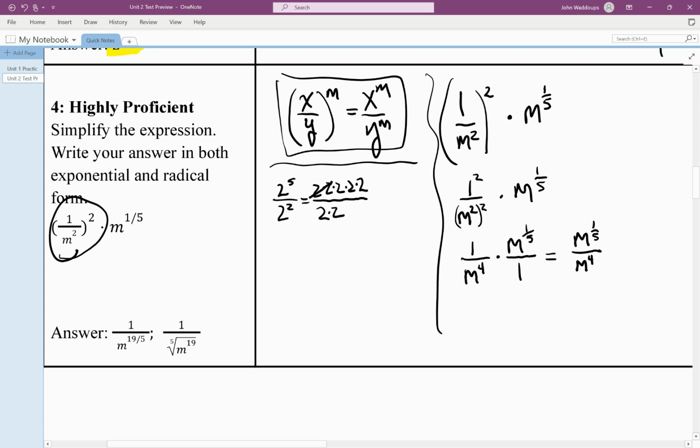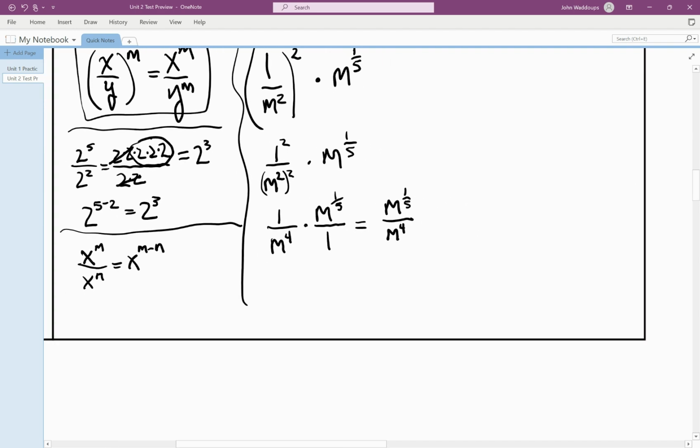These two 2's, which are 4, and these two 2's, which are 4, and 4 divided by 4 is 1, so those just cancel, and I'm left with 2 multiplied by itself 3 times. There I can see that 2 to the 5 minus 2 power would give me 2 cubed. That's just the rule demonstrated, but you can also just say, if I've got x to the m over x to the n, that's equal to x to the m minus n.